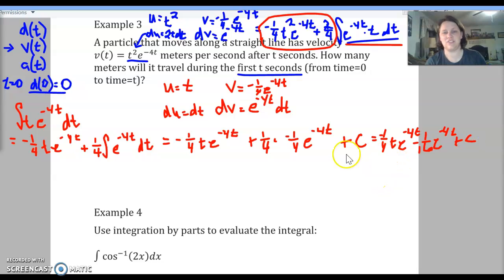Alright, so remember that's just our second part of our equation up here in blue. So let's go back up here where we circled in red and rewrite our full answer.